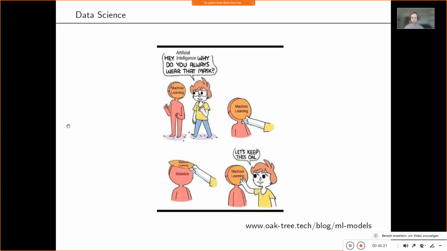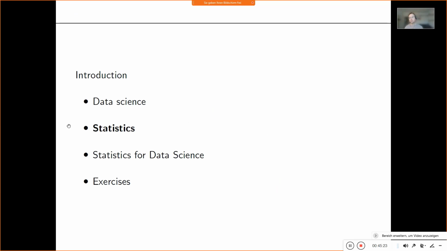Good. So those were some general remarks about data science, so that you know a little bit my personal feelings about data science and where I see this whole thing situated. And the next thing I want to talk about is statistics, so that you also get a feeling about where I see statistics situated.